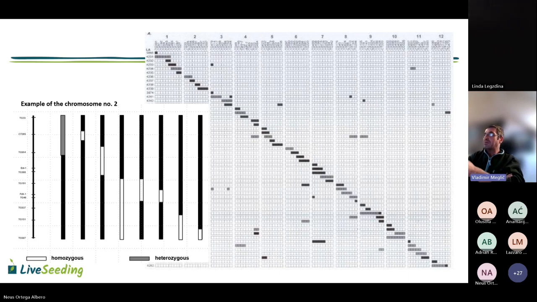So in the background, you see the big picture where we have introgressed the whole Solanum lycopersicoides genome into the tomato background.